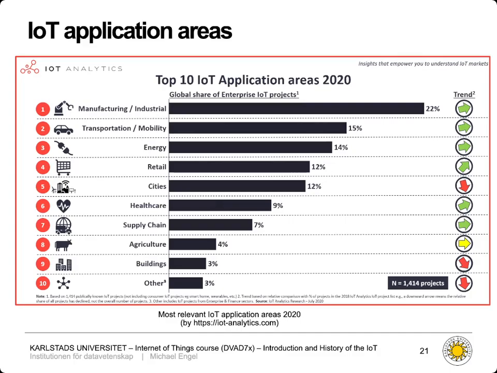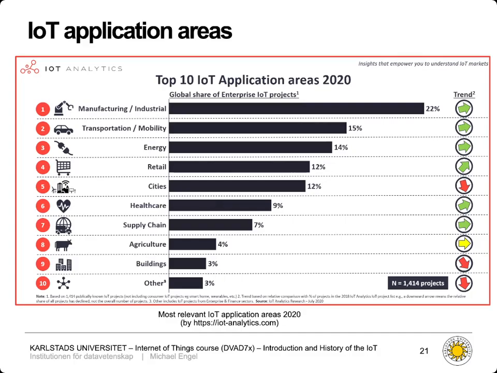So it's on place number 9, these buildings with like 3%. And you have agriculture, supply chain management, so all sorts of logistics like following where your parcels are going. Healthcare is a more important part and getting more and more important, obviously, as people are getting older and with all the pandemics going on right now.